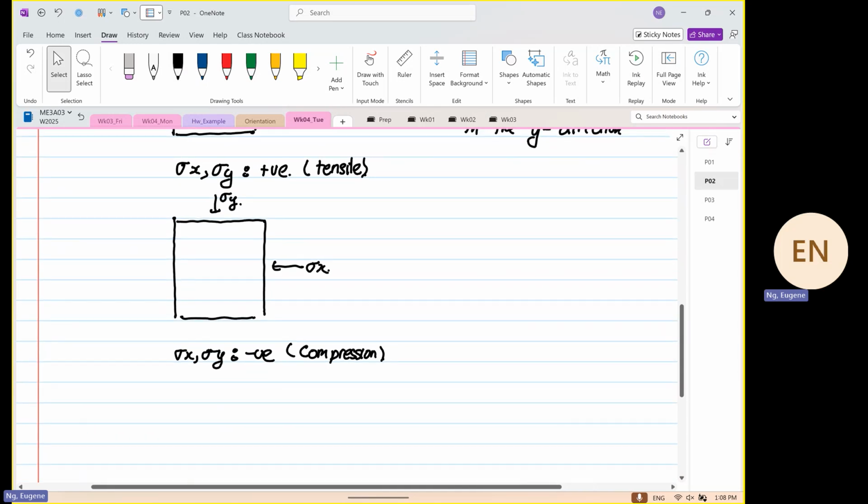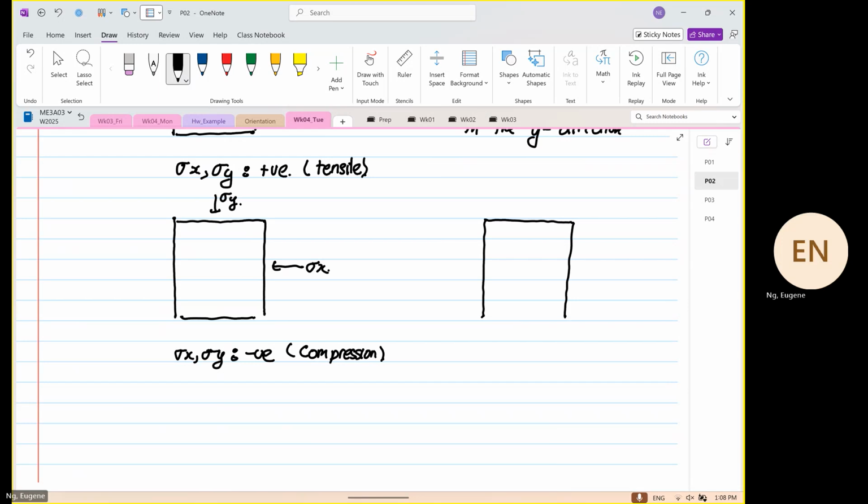And then another stress state, I'm going to write over here. Stress X is negative, so it is under compression. Stress Y is equal to what?